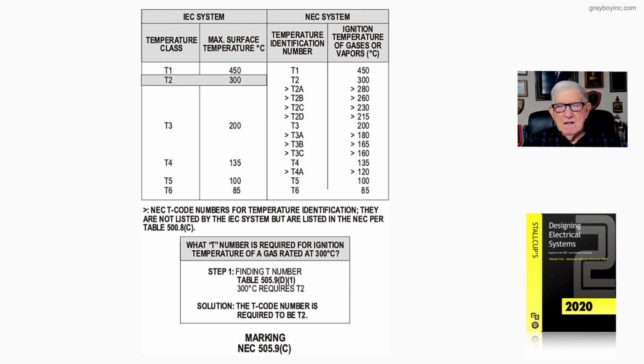But basically, that's what this illustration, 21-65, I believe it is, yes, is illustrating to us, is the marking and that the T-code letters are different for IEC systems than NEC systems, and that's what this illustration is illustrating to the user of the NEC if they're in the zones or the divisions and they're selecting equipment based upon T-code letters.